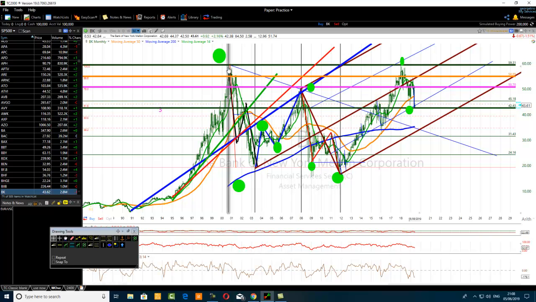But you do not want to assume that it will always be at the 78.6% level, that it cannot go to 88.6%, or that it will always stop at 50%. You are highlighting them all: 88.6%, 78.0, and the 50% Fibonacci retracement level.